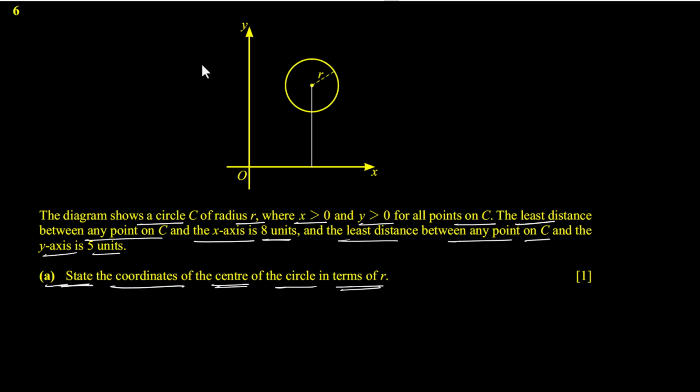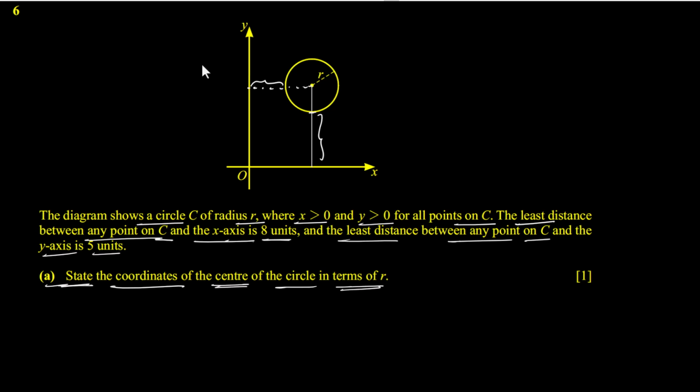I should also draw the horizontal distance. They are saying the least distance between any point on C and the x-axis. If we choose any other point than this, which is of course the perpendicular distance, it will be more than 8. So these two distances are given.